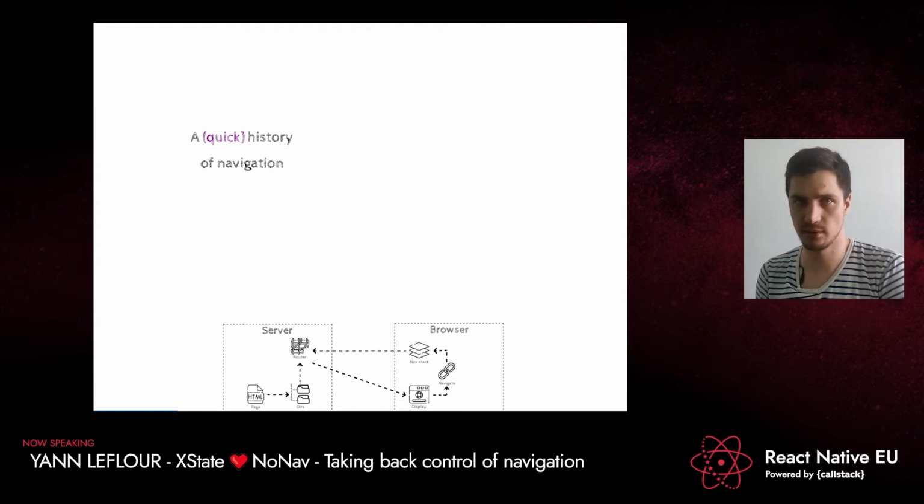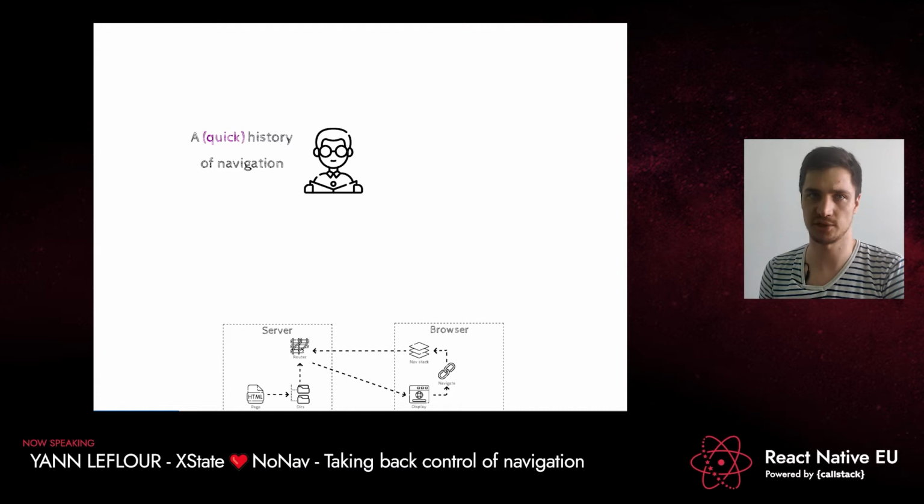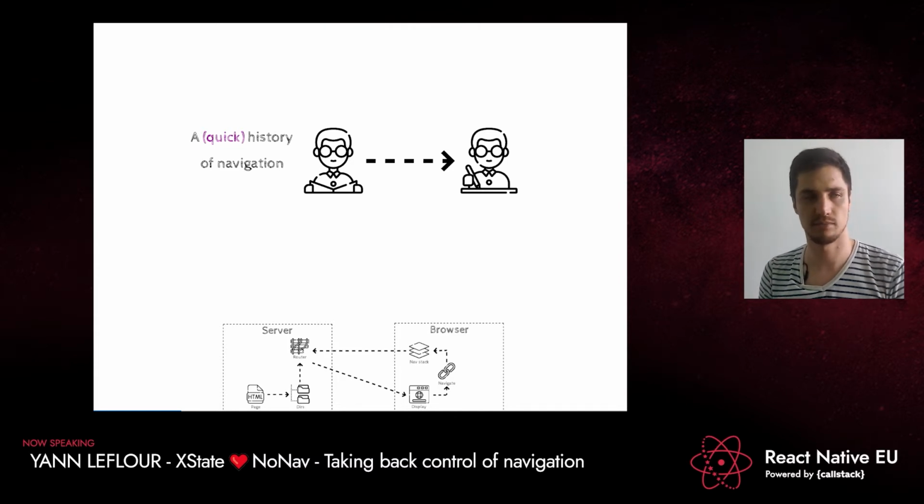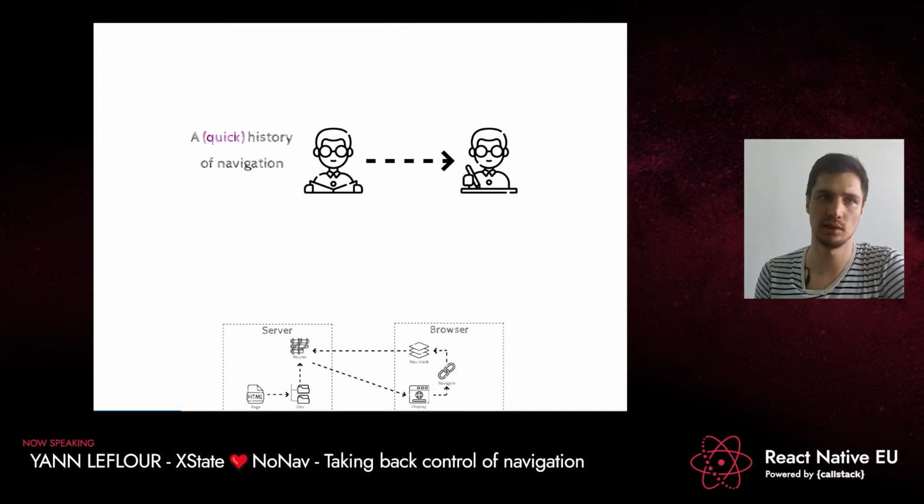But even though this model was efficient for reading, the need quickly arose for persistent interactions with the websites themselves. We needed navigation basically to go from stateless to stateful. And according to my opinion, I think three main concepts played a key part in this transition over the years.